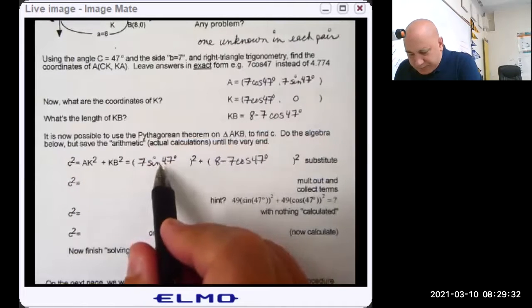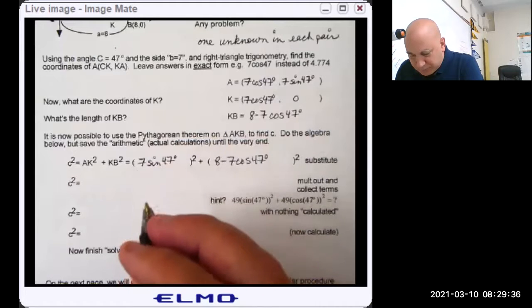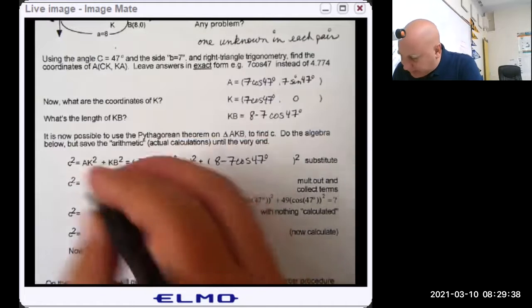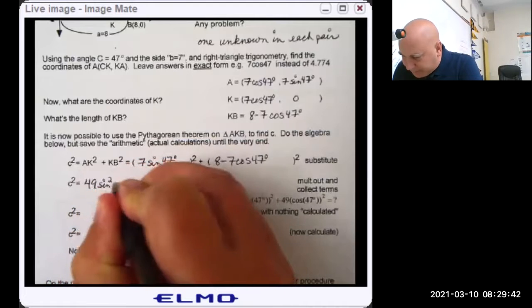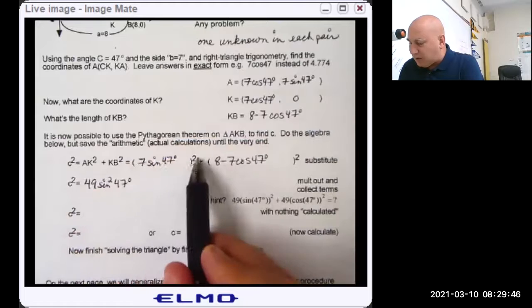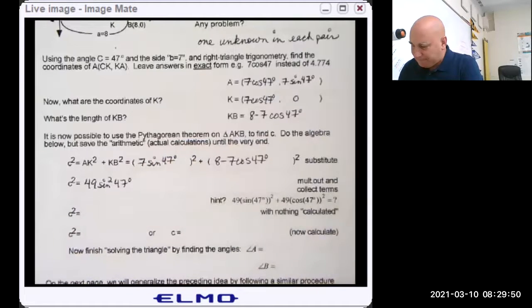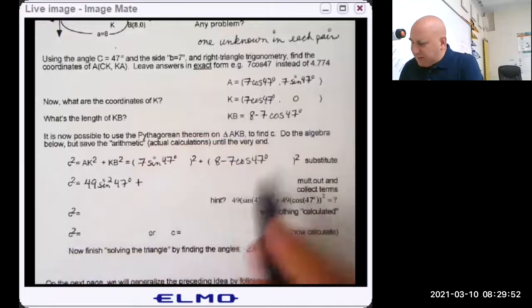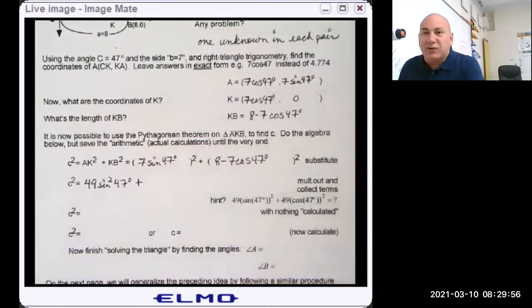So 7 sine 47 degrees, quantity squared, is 49 times the sine squared of 47 degrees. That's like A times B, quantity squared, is A squared B squared. Now we have 8 minus 7 cosine 47 degrees, quantity squared.